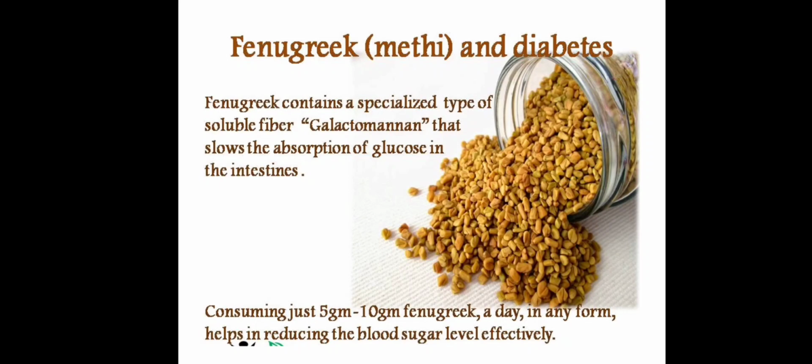Another very small 2009 study suggests that eating baked goods such as bread made with fenugreek flour may reduce insulin resistance in people with type 2 diabetes.